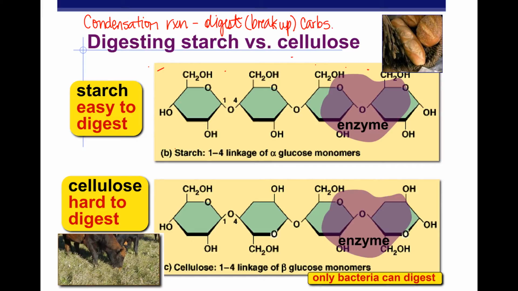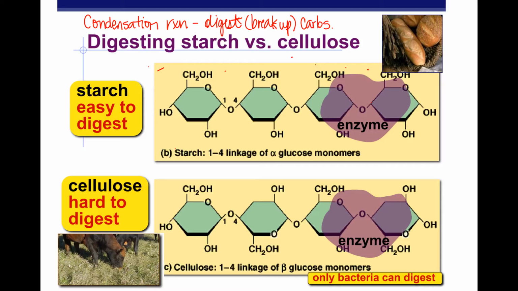So remember a couple of slides ago I said something about starches being easy to digest, and cellulose being a whole lot harder to digest for animals. It's because of that kind of bond or linkage.